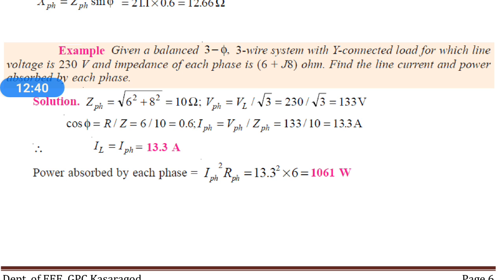In an RL circuit, power dissipates only in the resistance. The pure inductor has 0 power dissipation. So here the I square R equation is enough. I equal to 13.3, squared, into R which is 6. So the answer is 1061 watts or 1.061 kW. That is the power absorbed by each phase.